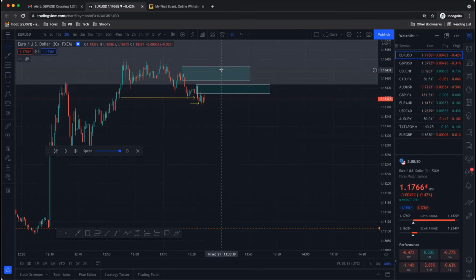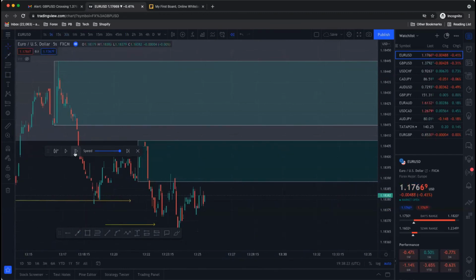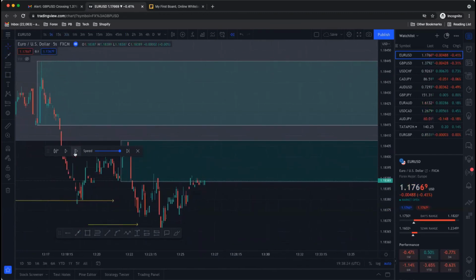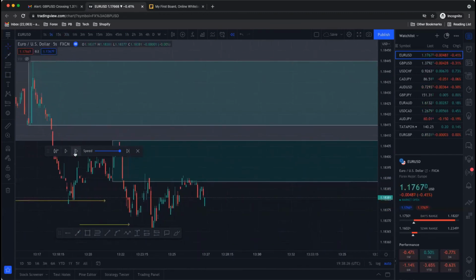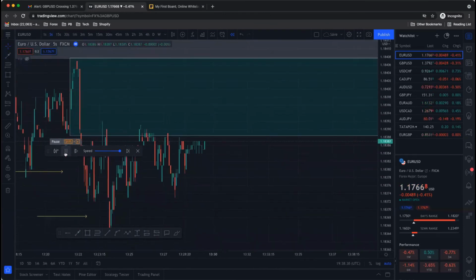As soon as price is already here, we're going to go to 1 second or 5 seconds. Go here on 5 seconds. You want to see at least one or 2 breaks here, the same entry criteria in that zone.